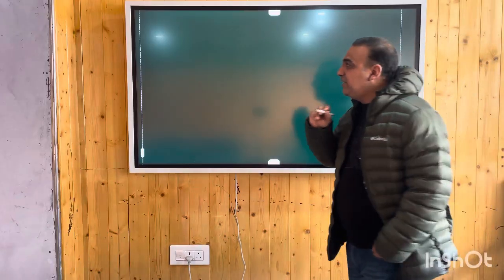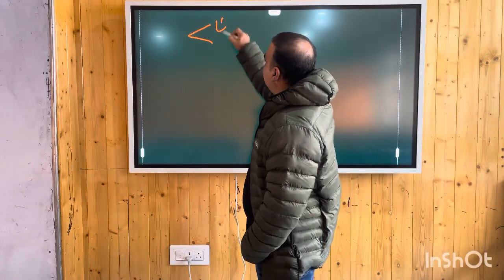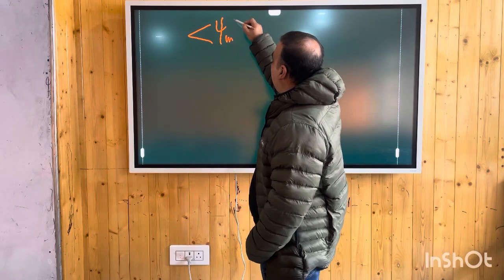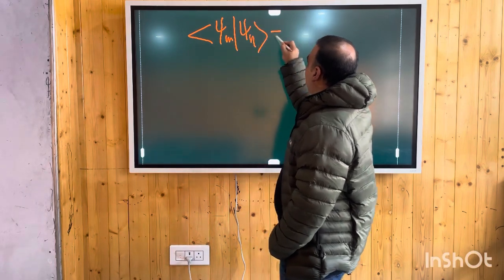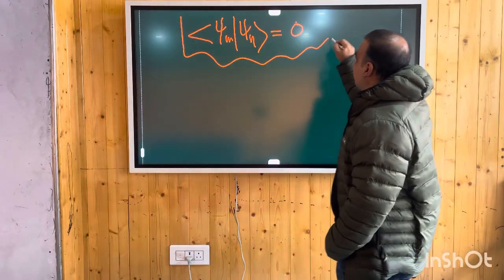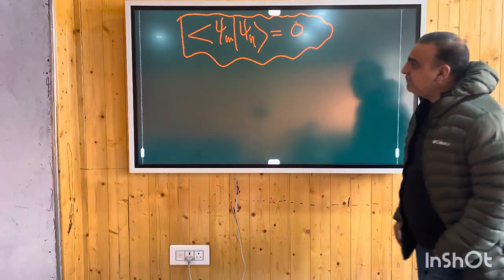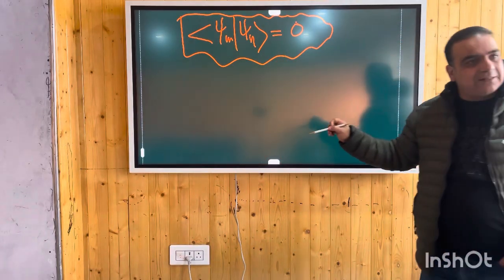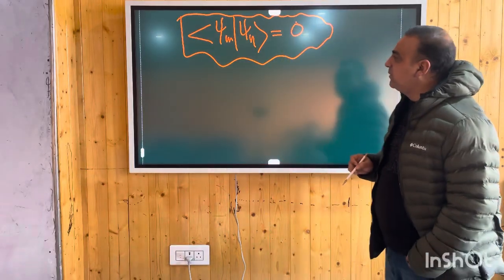That condition of orthogonality tells us that the inner product of psi m and psi n must be equal to 0. We would like to verify this condition for this particle in an infinite potential box. That will be our target.